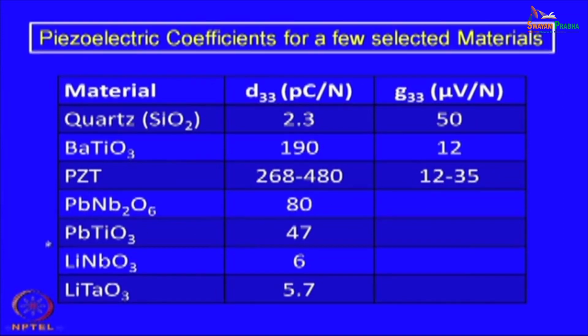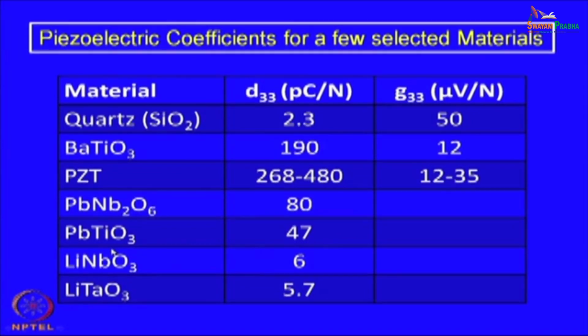Now, in addition, you have a few other titanates or niobates. For example, lead niobate D33 is 80, lead titanate is another piezoelectric material, and it also has another important property, we will consider that.